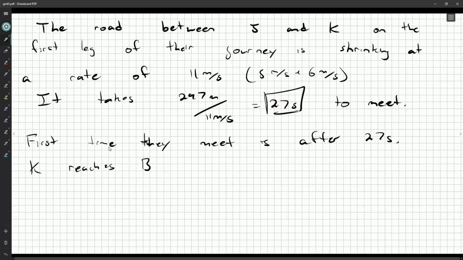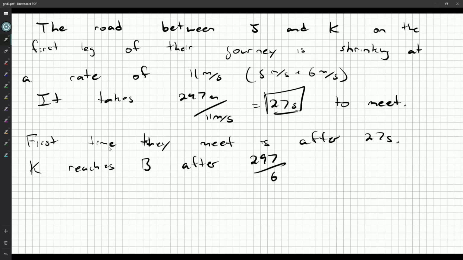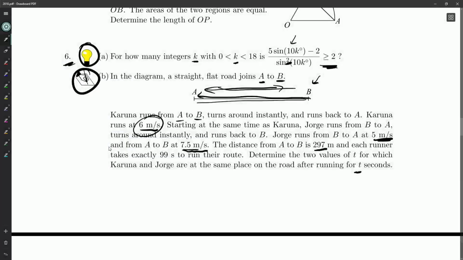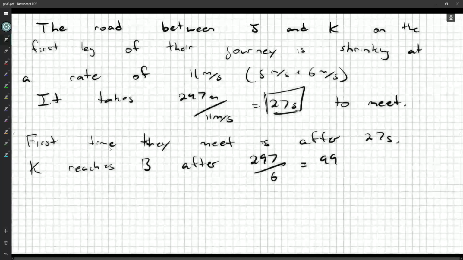Karuna reaches B after 297 divided by 6, which sadly is not an even division there, but we can divide by 3 and say 99 divide. Wait, hold on. Didn't they say something like each runner takes exactly 99 seconds to run their route? So actually, I can work backwards, can't I?